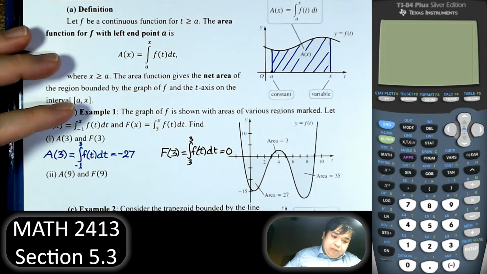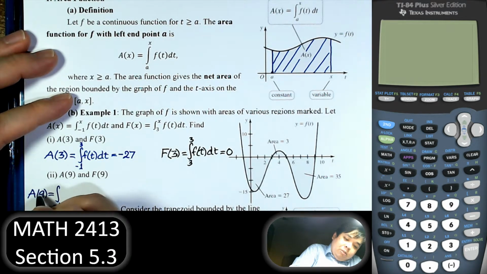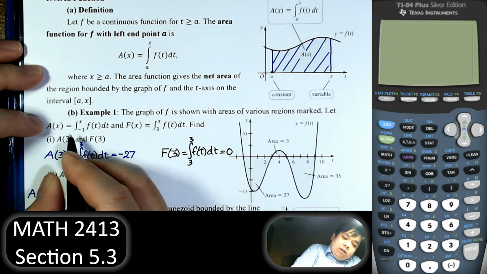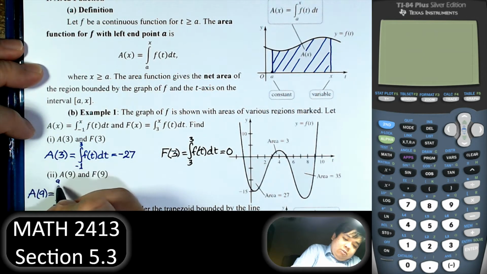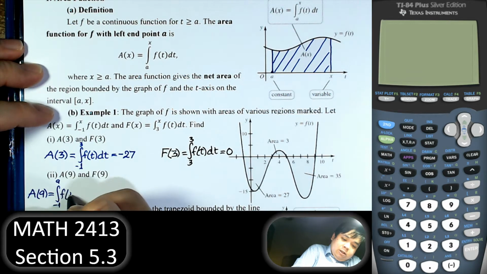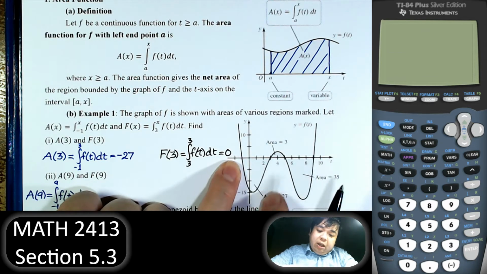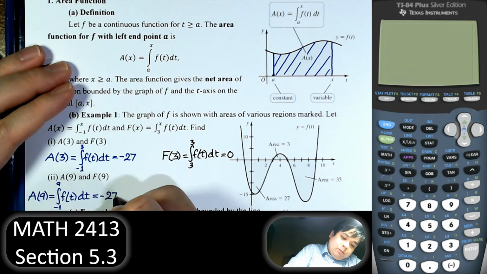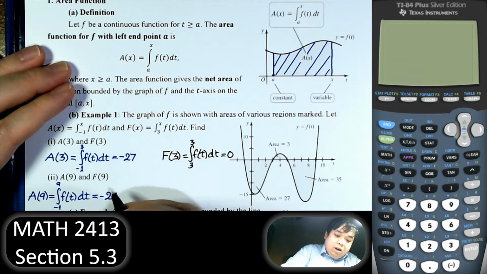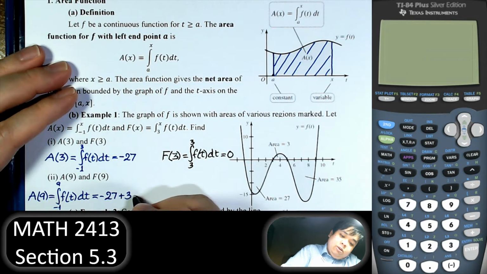Right, next. The area function at 9. Meaning we're going to put 9 in for x, which is the upper limit. So from -1 to 9, the 27 is below the x-axis. The 3 is above, so it's plus, and the 35 is below.